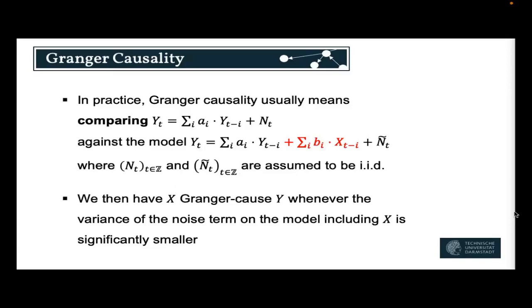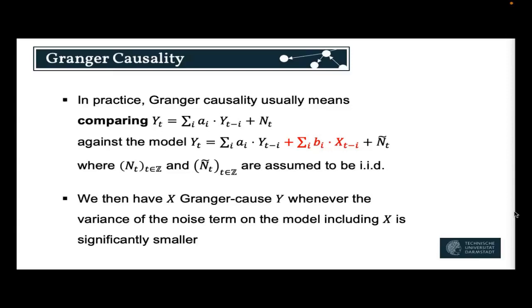Here, I'm just saying it additionally depends on X. And these noise terms are the only ones assumed to be IID stochastic processes. And really, we then always just conclude that X Granger causes Y whenever the variance of the noise term for the model that includes X is smaller, right? So again, you can just train these things. If you see X is significantly better, you say it's a Granger cause, right?